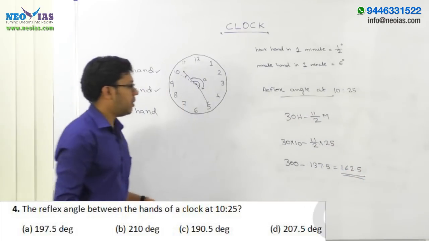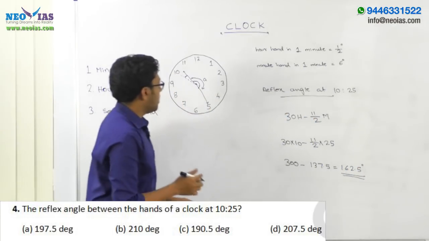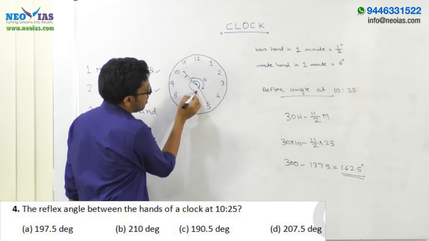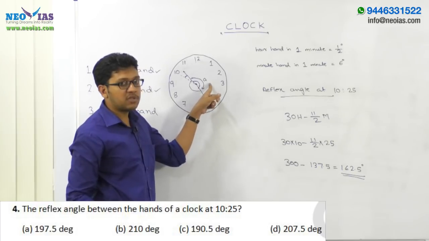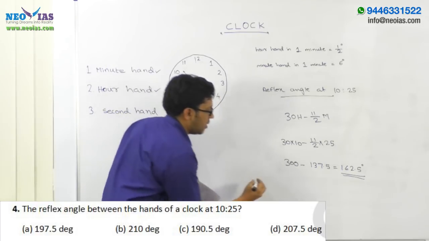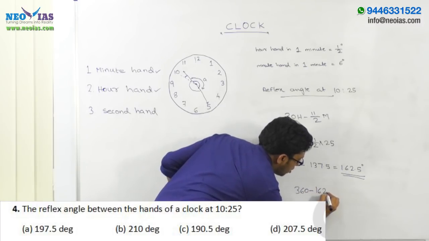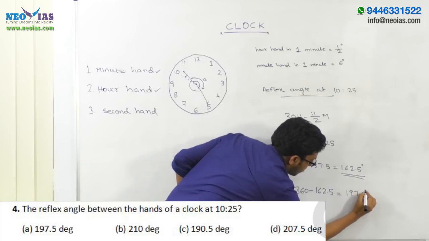What is this 162.5? This angle is less than 180 degree, the angle we have got by using this formula. Instead, if they are asking about the reflex angle, then go for the opposite angle. To get the opposite angle, do 360 minus 162.5 and the answer will be 197.5 degree.